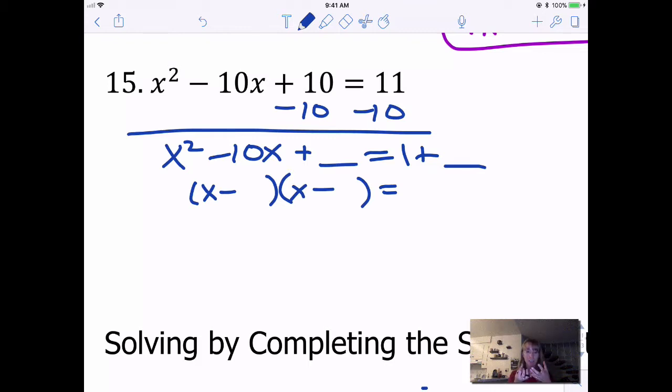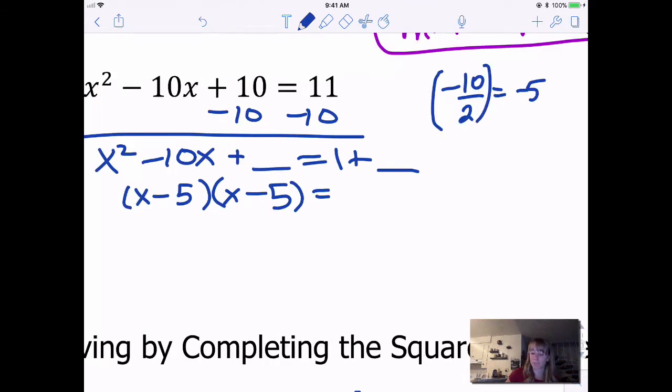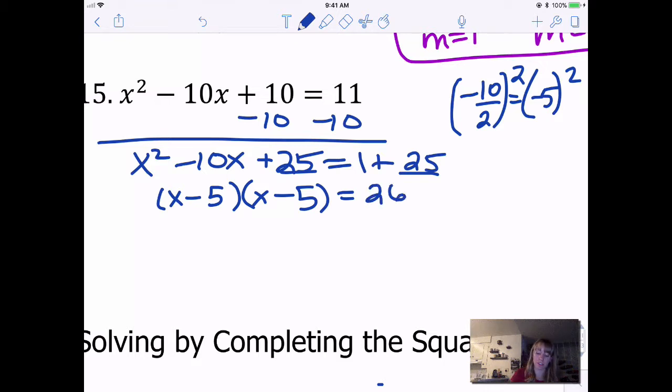So break up the negative 10 into two pieces. Negative 10 divided by 2 is negative 5 and negative 5. Square the negative 5 to get what goes in the blank, which is 25. And then 1 plus 25 is 26. So completing the square is x minus 5 squared equals 26.